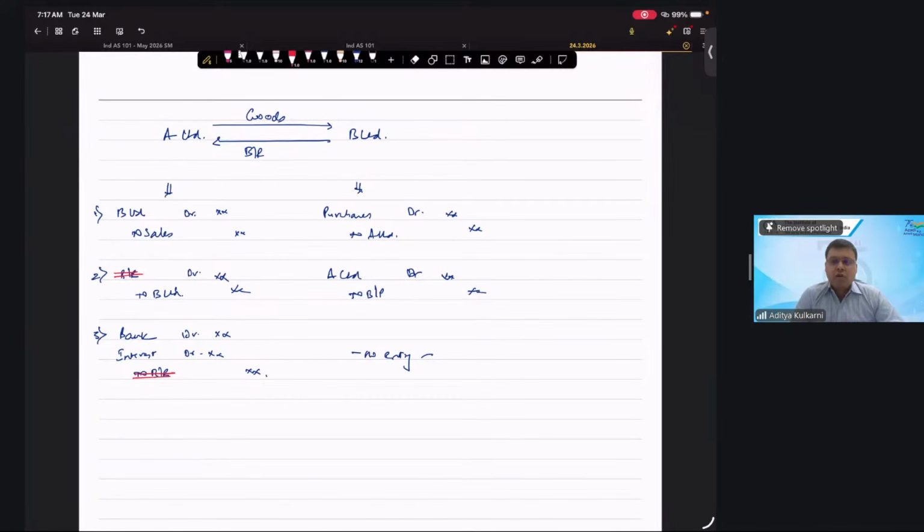Now, tell me from a transaction perspective, is A Limited's relationship with that instrument complete after discounting, or is something still pending?